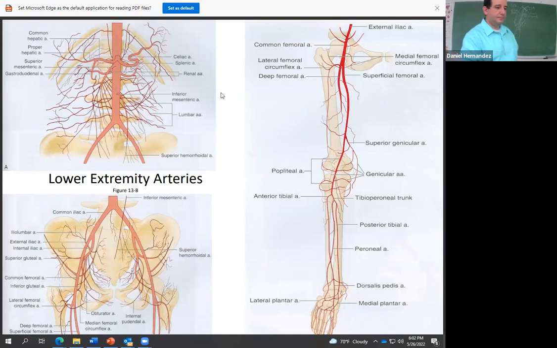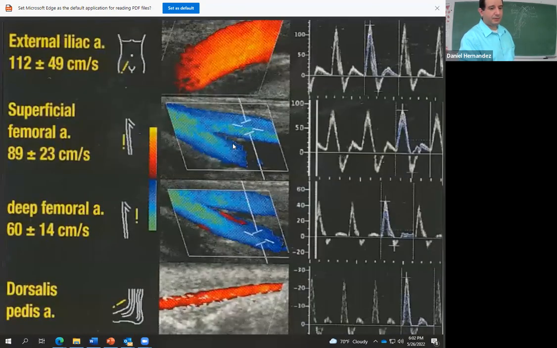It's just some more detailed schematics showing the arterial vasculature as well as some additional branches.